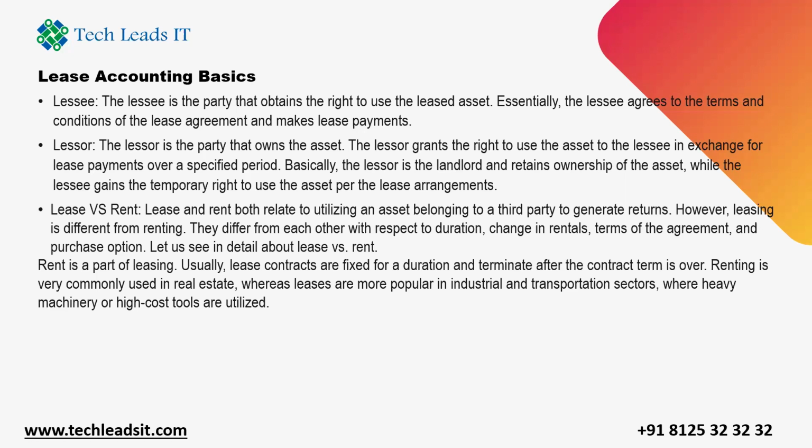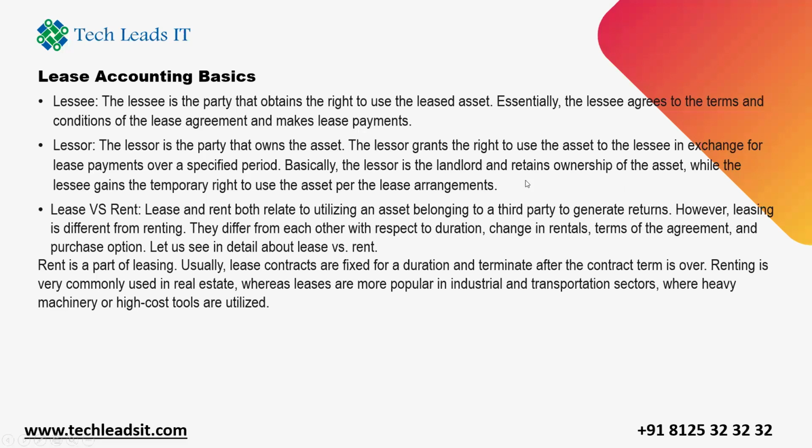The lessor is our Krishna, who owns the asset. So the lessor is a party who owns the asset and grants the right of use of that asset to the lessee in exchange for the lease payment over a specified period. Basically, the lessor is the landlord who retains ownership of the asset, while the lessee gains the temporary right of use per the lease agreement.